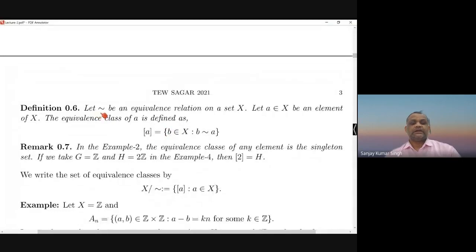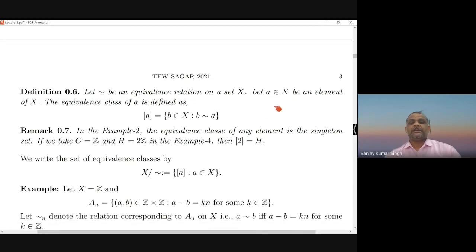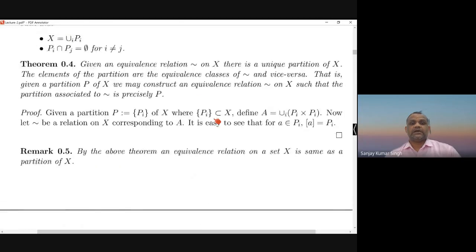So let tilde be an equivalence relation on the set X and A be any point in X. Then the equivalence class of A is defined as all B in X such that B is related to A. So here, whatever term I have mentioned, the definition is here.